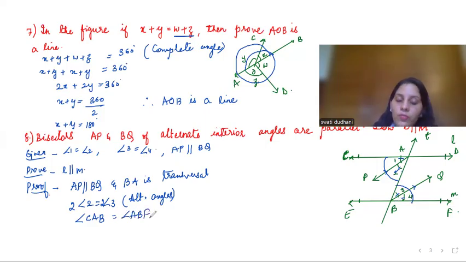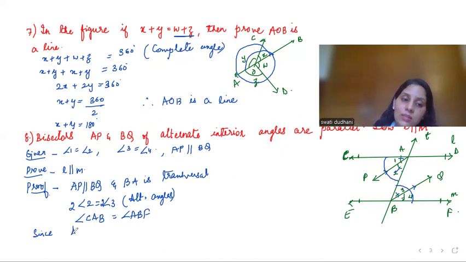So we have proved these. But if you see, what are they? They are alternate angles. Generally, what do we do? If the lines are parallel, some set of angles are equal. Alternate angles, corresponding angles, and so on. But here in this case, it is vice versa. The alternate angles are equal.